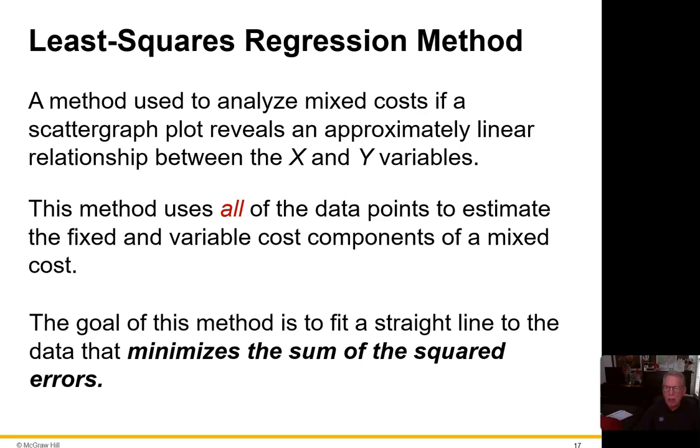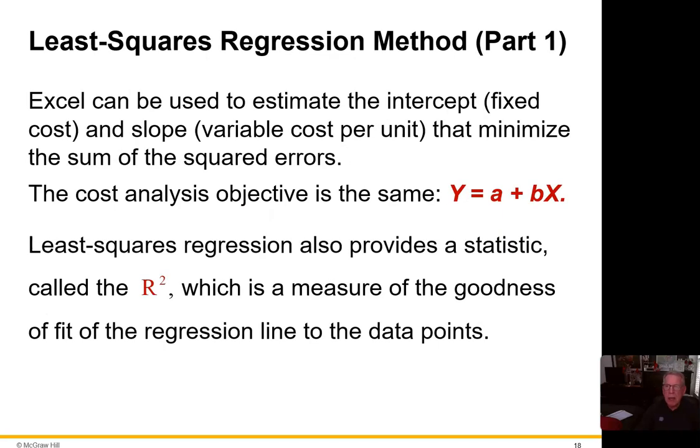The goal of the method is to fit a straight line to the data that minimizes the sum of the squared errors. We are doing regression analysis when we do that. So, least squares regression. Excel can be used to estimate the intercept, that's the fixed cost, and the slope, that's the variable cost per unit, that minimize the sum of the squared errors.